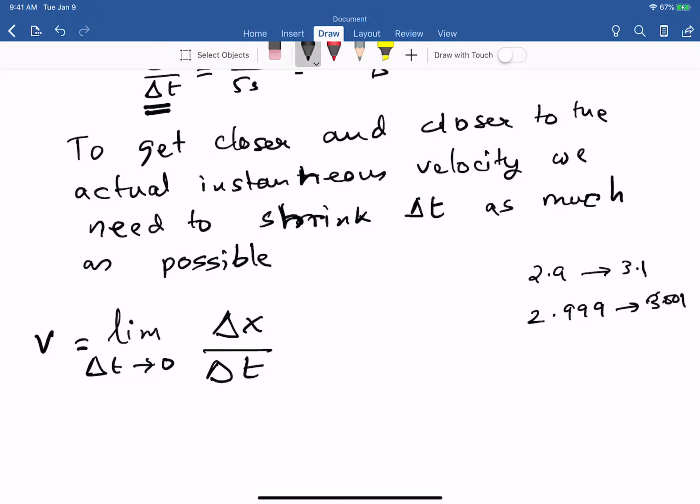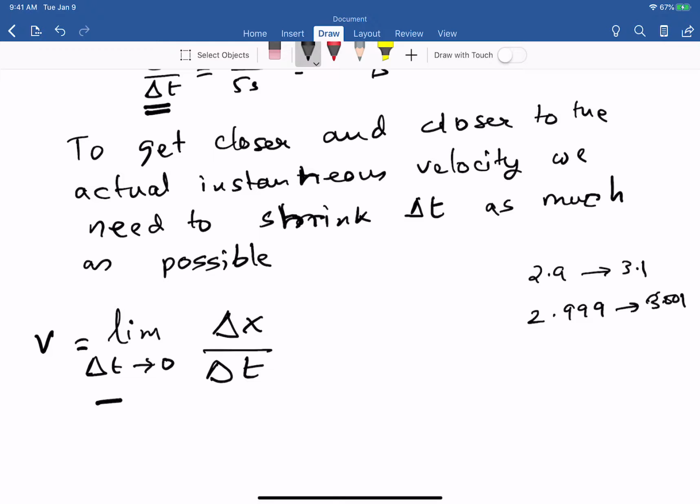How about 2.99999 and 3.0001? So just make this interval as small as you possibly can, infinitesimally small. And in the limit that delta t goes to 0, you will get the instantaneous velocity. So that is the definition of instantaneous velocity.